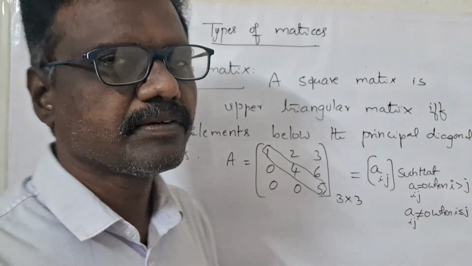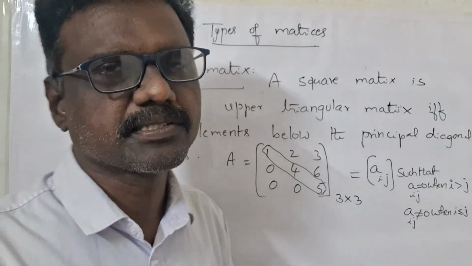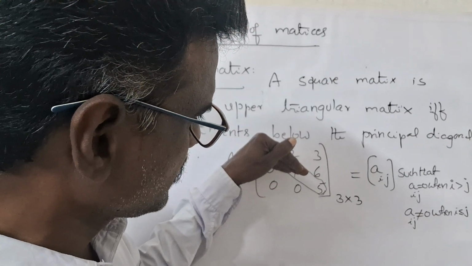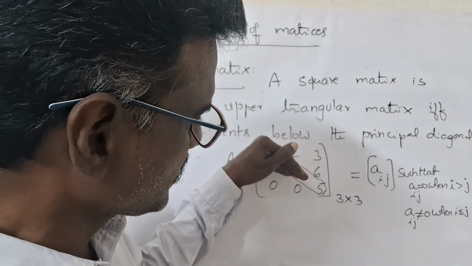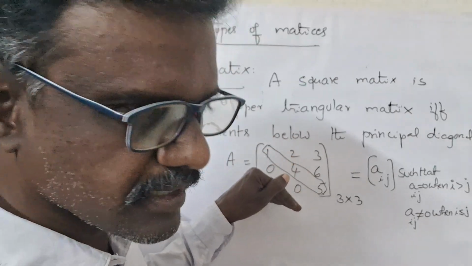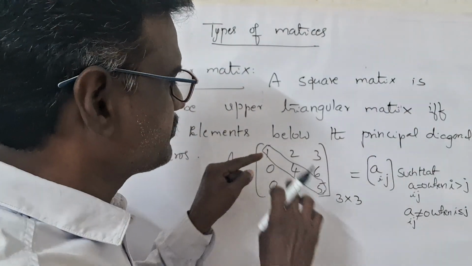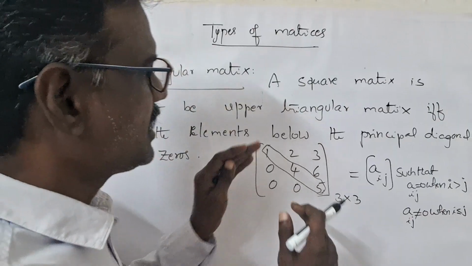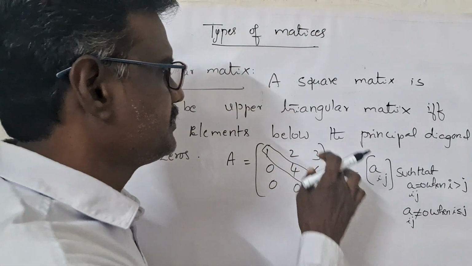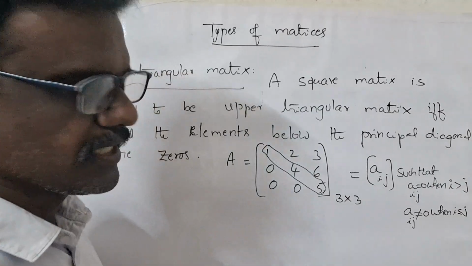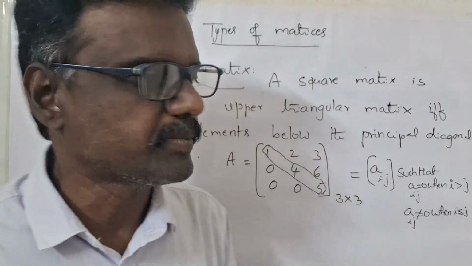Exactly the reverse will be the lower triangular matrix. The existence of the triangle will be on the principal diagonal and below it, and above the principal diagonal the elements will be zeros. If we write it the reverse way, we get the lower triangular matrix.